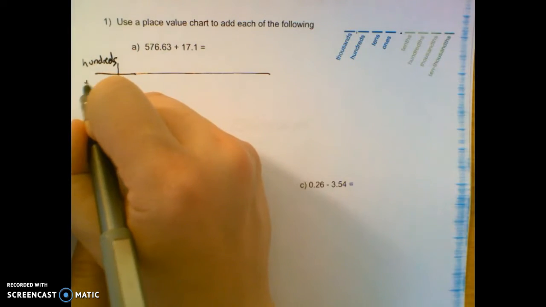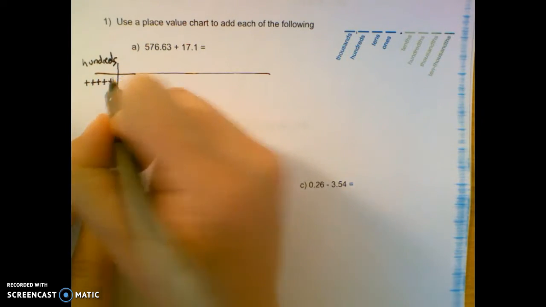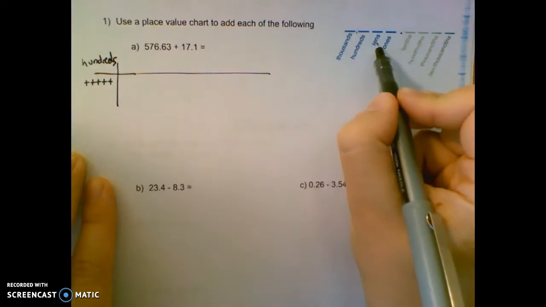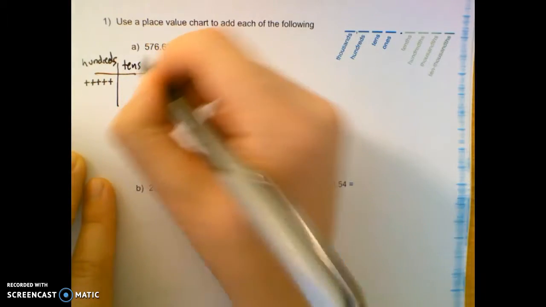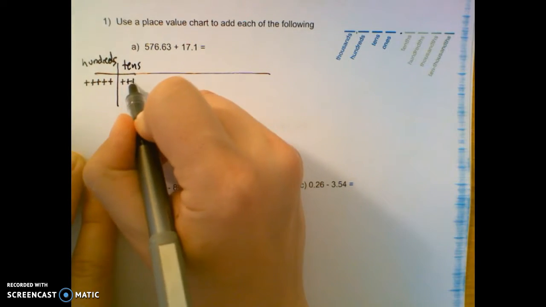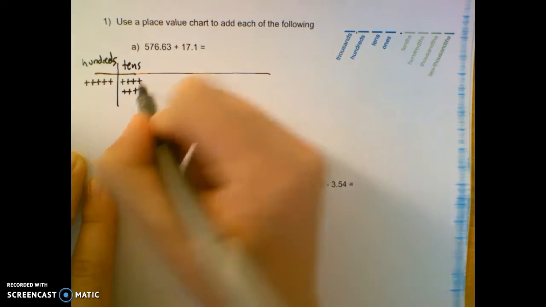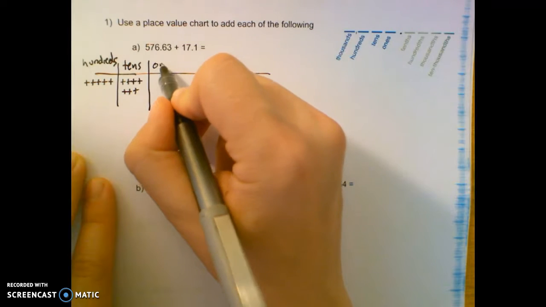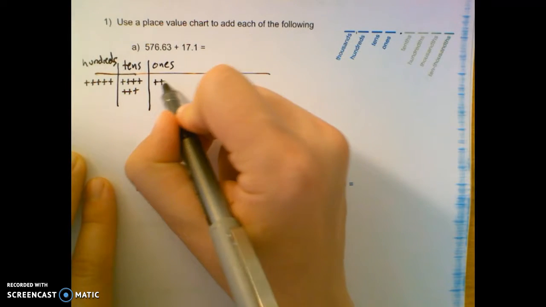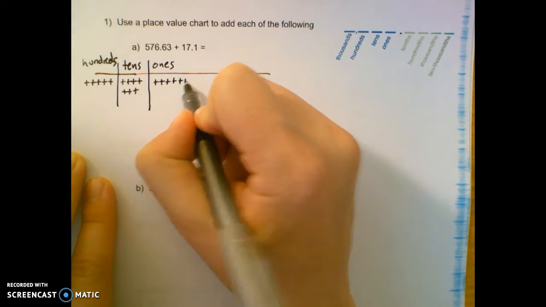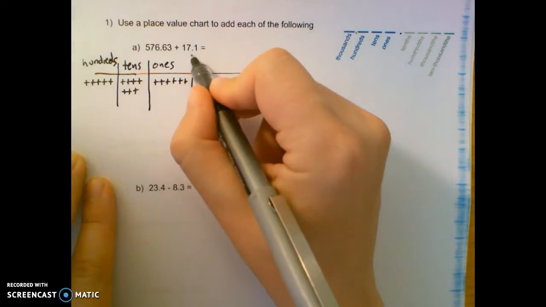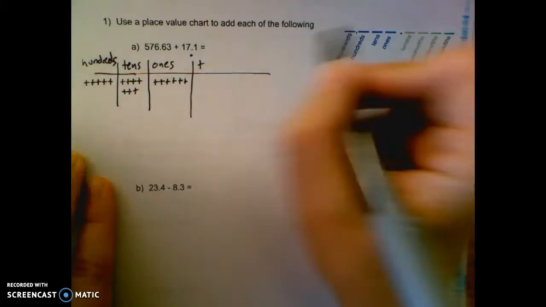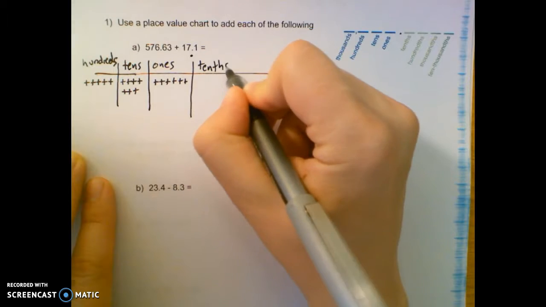In this first number, I have 5 hundreds. The next place value over is tens. I see I have 7 tens. The next place value is ones. I have 6 ones. After that is my decimal. Next up is tenths.